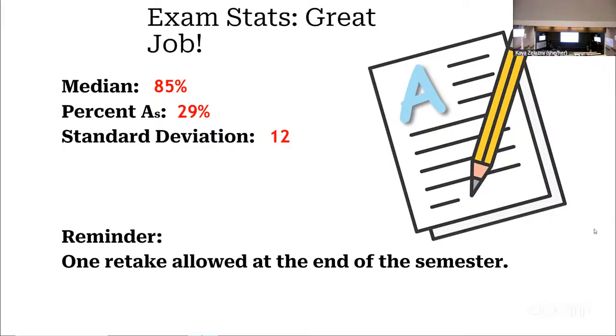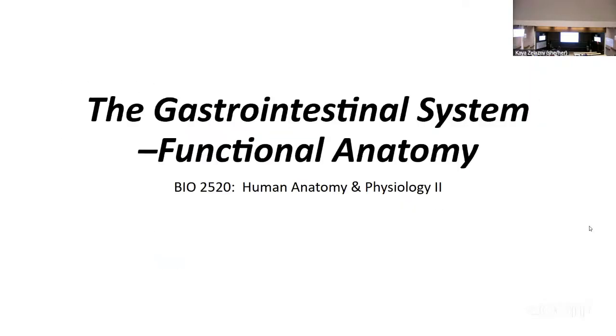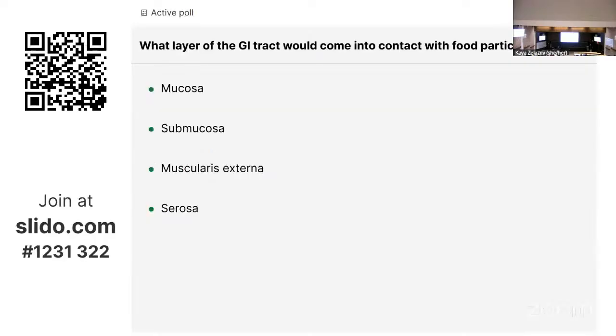Okay, so hopefully y'all took a look at the beginning of our functional anatomy of the GI system. So I've got a couple questions for us so we can review that and touch base a little before we move into our new content. Okay, so one of the things that we were talking about were the layers of the walls of the GI tract.